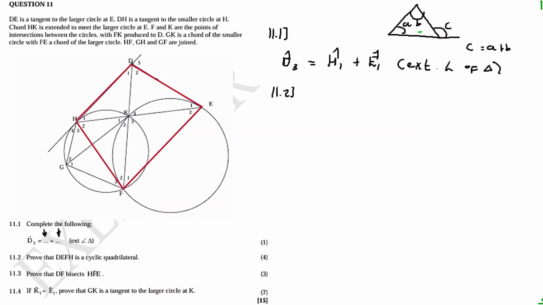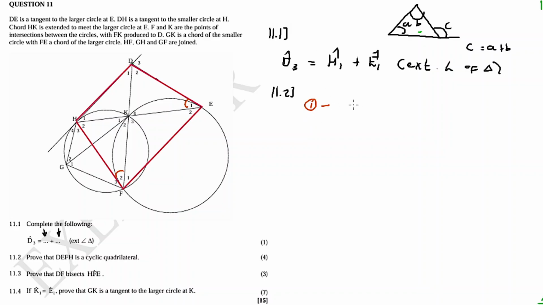Where do I start? Okay, so a cyclic quad we prove in 3 ways, right? The first one being angles in the same segment, by proving that maybe, for instance, F2 and E1 are equal, then you've just proved that this is a cyclic quad.